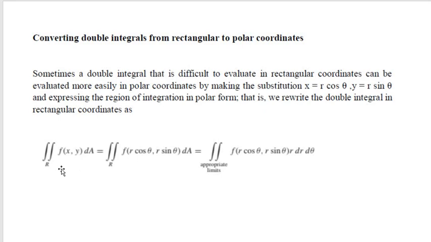Correspondingly, double integral over R f of x y dA can be written as double integral over R f of r cos theta, r sin theta dA, and with respect to the approximation, multiply that by r dr d theta. Therefore, double integral over R f of x y dx dy can be written as double integral over the appropriate limits f of r cos theta, r sin theta r dr d theta.